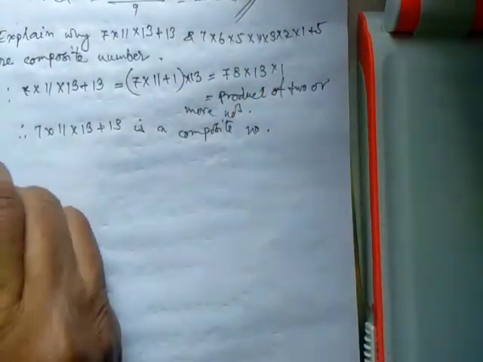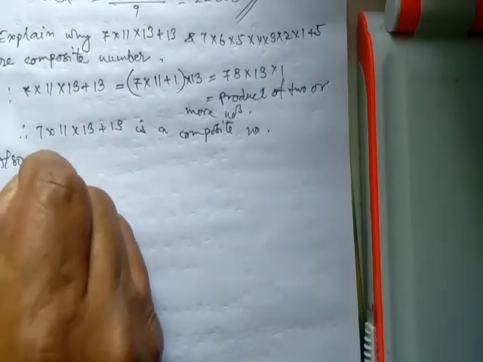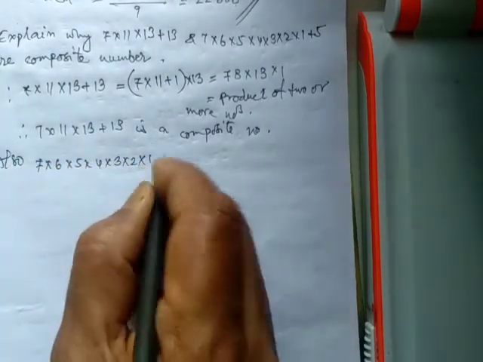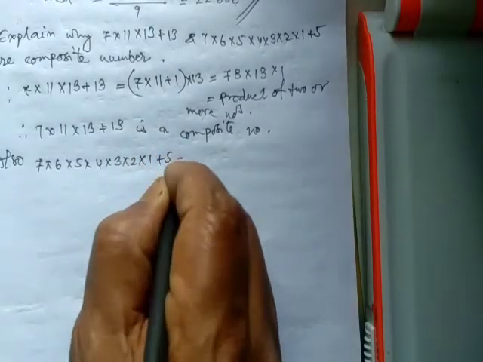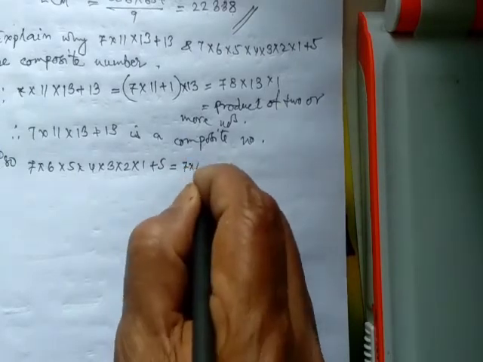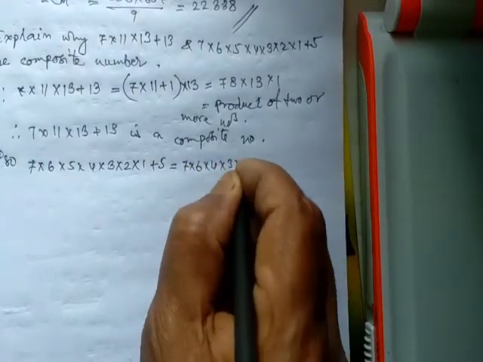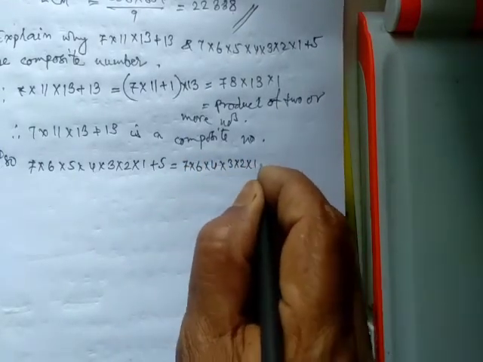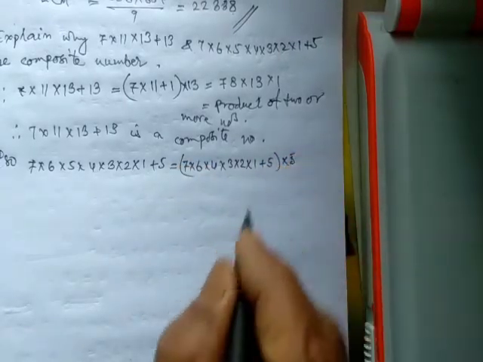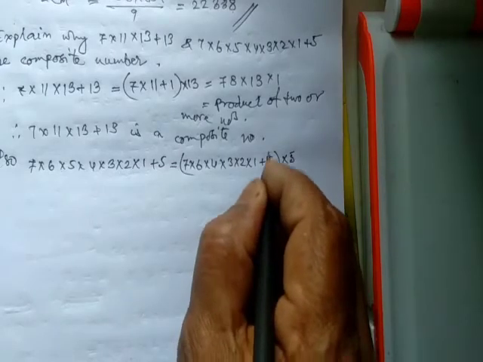Also the next one is 7 into 6 into 5 into 4 into 3 into 2 into 1 plus 5. This is equal to 5 into (7 into 6 into 4 into 3 into 2 into 1 plus 1).